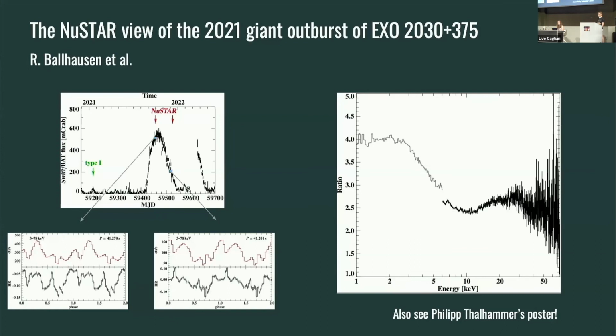We looked at this with NuSTAR and found a dramatic transition of the source over the course of the outburst in the pulse profile, in the hardness ratio, and consequently also in the spectral shape. So if you're curious to learn more, please come check out my poster. Also check out Philip's poster, also on the same source and outburst. They're both over there. Thank you.